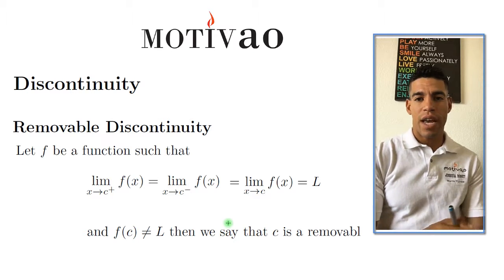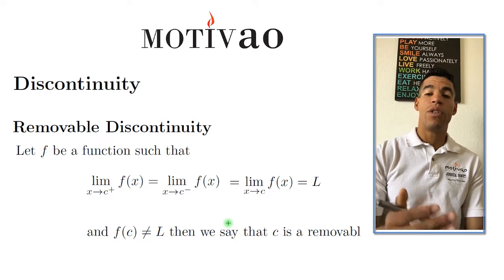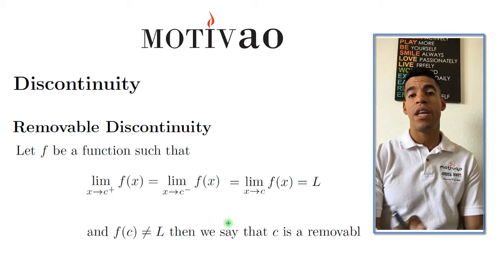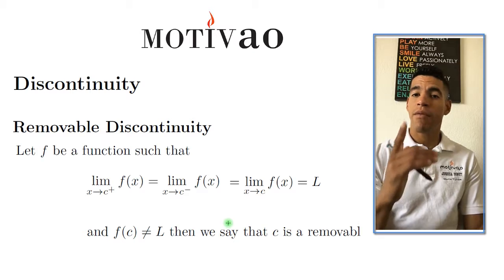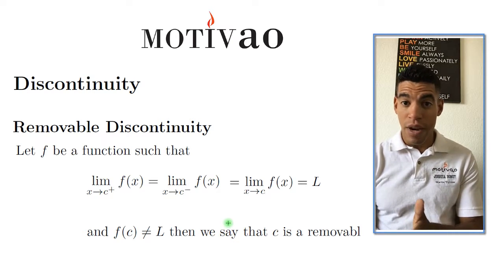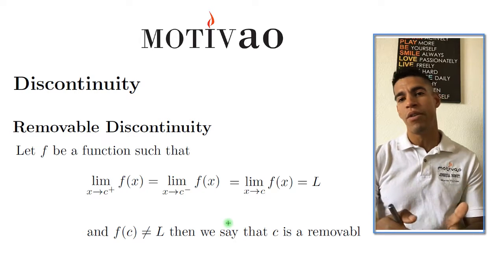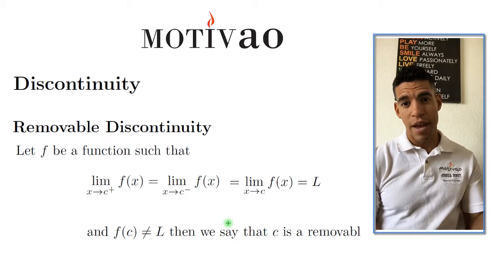Yesterday I made a video about continuity at a point. Today we're going to talk about discontinuity at a point. For this video, I'm going to give only one example, because in the video after tomorrow I'm going to make a bunch of examples.